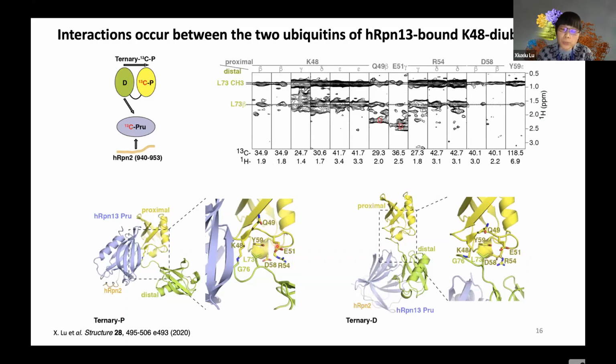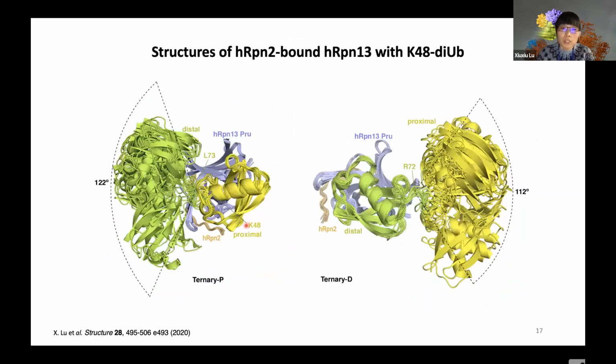These inter-ubiquitin interactions cause a little bit of restriction on the unbound ubiquitin. As you can see here, the unbound ubiquitin is not going everywhere. It's in a limited orientation due to a little bit of restriction caused by distal ubiquitin leucine 73.